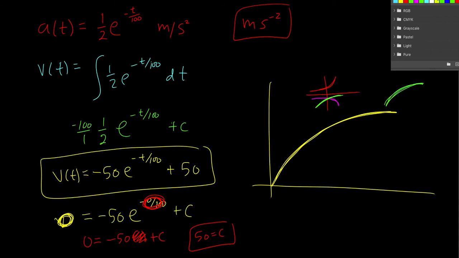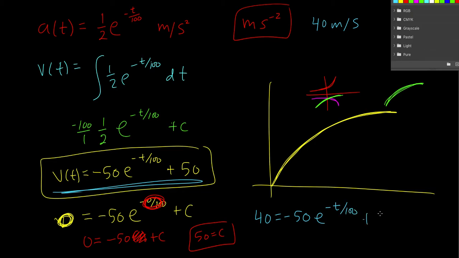Now, how long will it take for the train to reach the speed of 40 meters per second? So we want to look at 40 meters per second, and we're just going to set our velocity equal to 40. I'm going to take this function and set it equal to 40, and we just need to solve that for t.